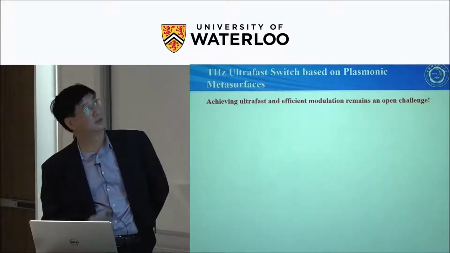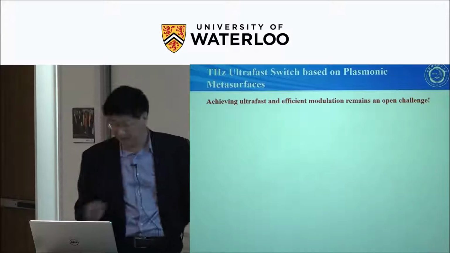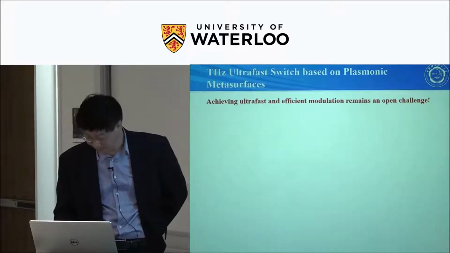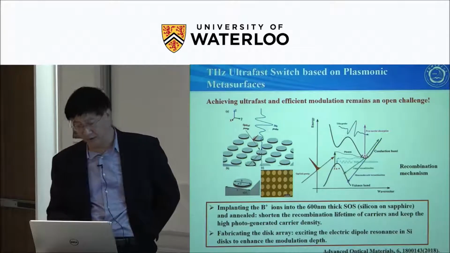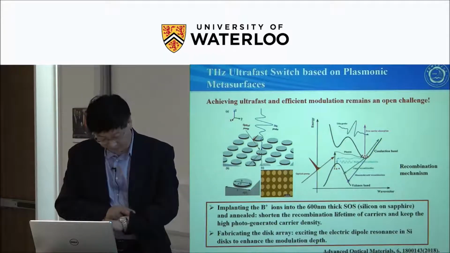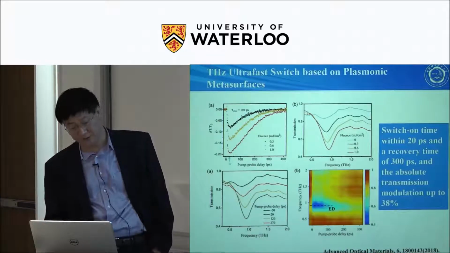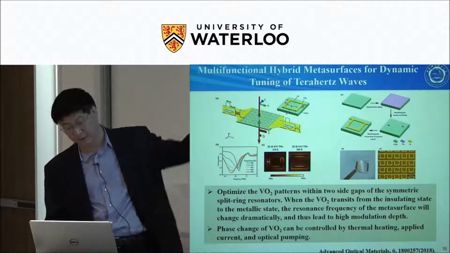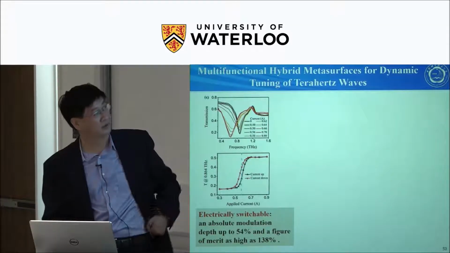Then we have some terahertz ultrafast switches based on plasmonic metal surfaces. This is what they did, the results. So I'm going to quickly skip on this. There are so many device efforts in my group. They use vanadium oxide.